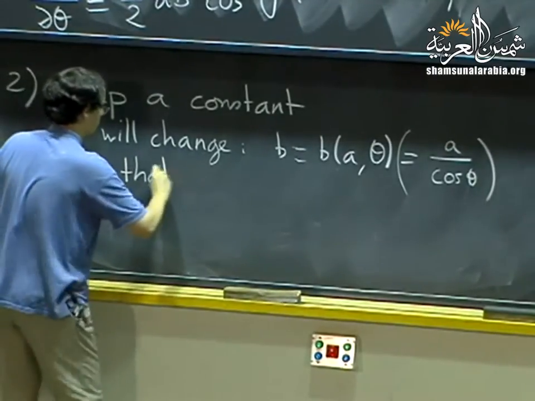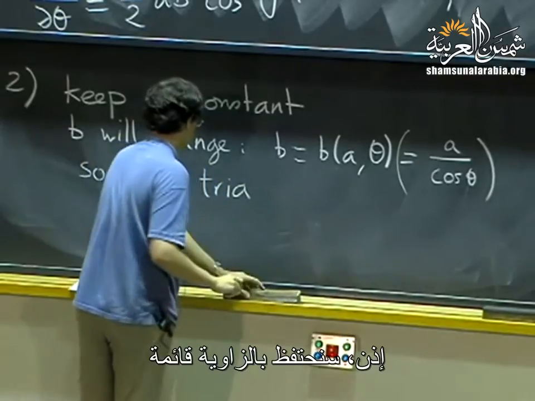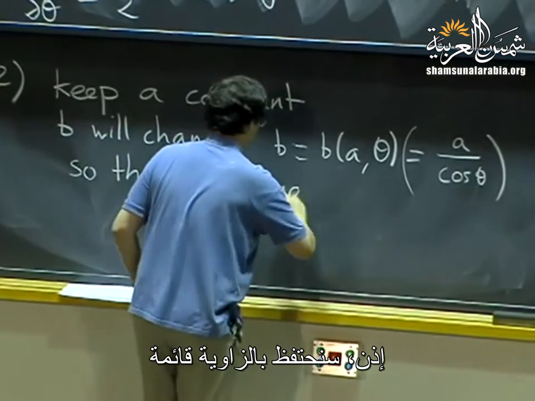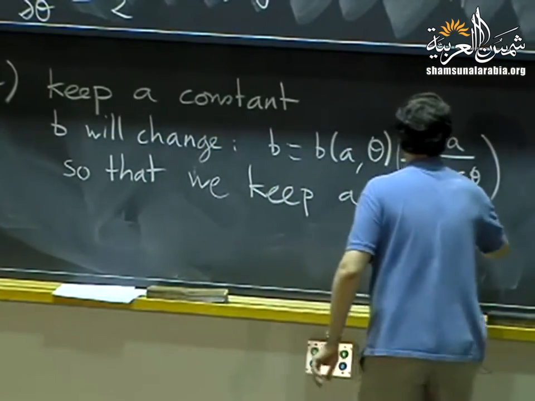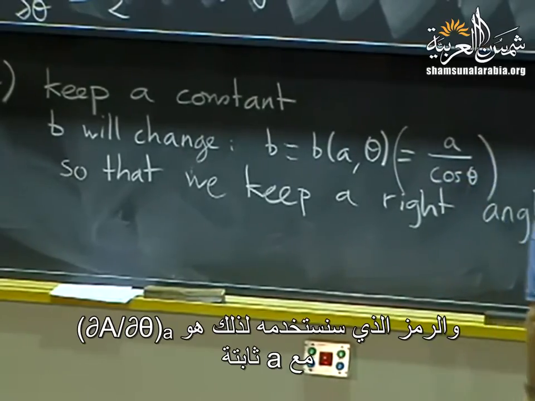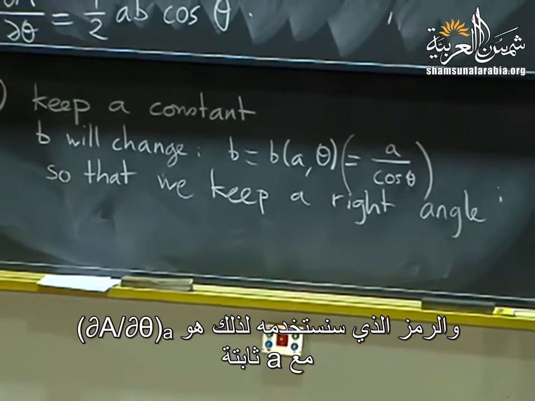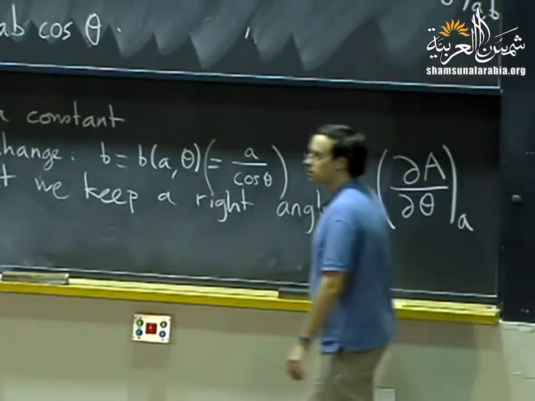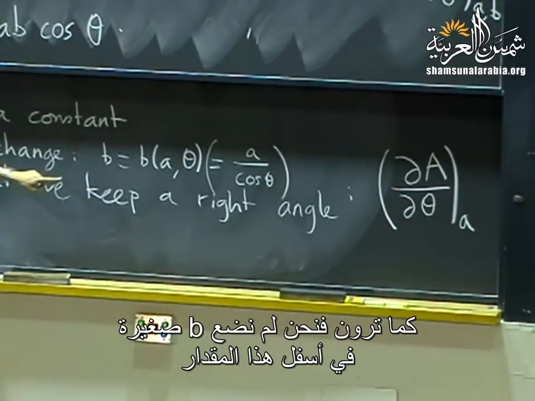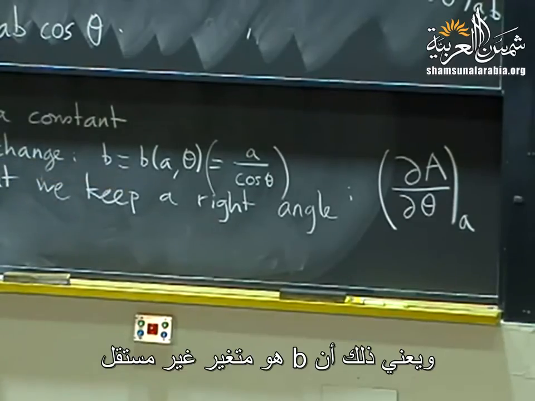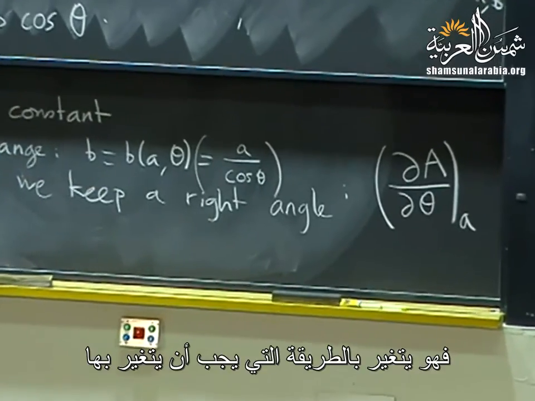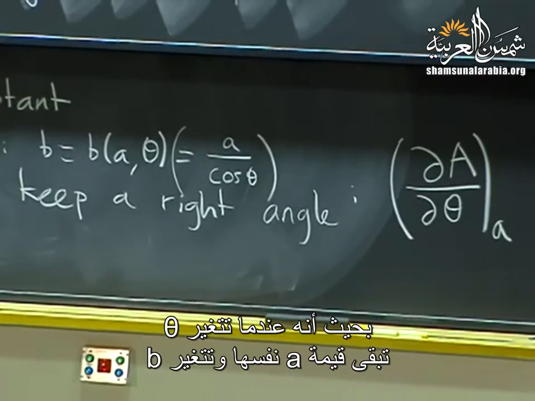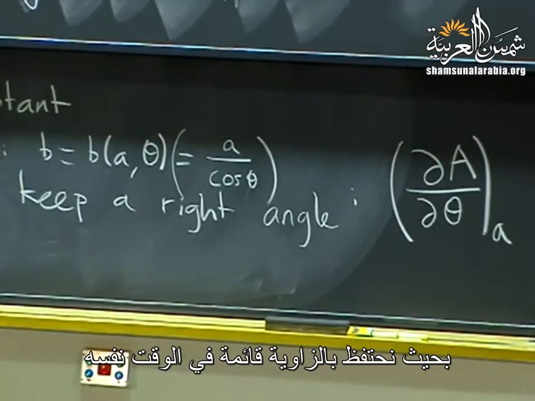So that we keep a right angle. The name we will have for this is partial A over partial theta with A held constant. The fact that I'm not putting B in my subscript means that B will be a dependent variable. It changes in whatever way it has to change, so that when theta changes, A stays the same, while B changes so that we keep a right triangle.